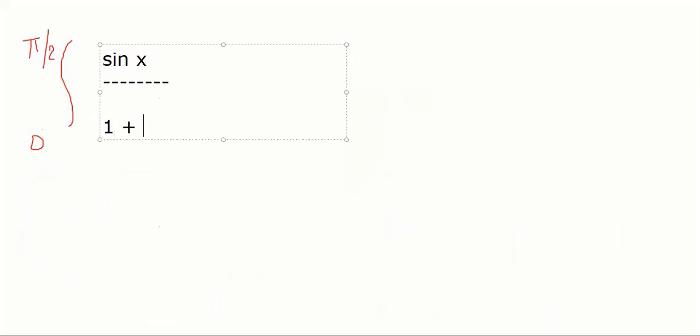Integrate between 0 to pi by 2. And the function is, the moment you see pi by 2, pi by 4, pi, obviously it will be trigonometric. 1 plus cos square x dx.